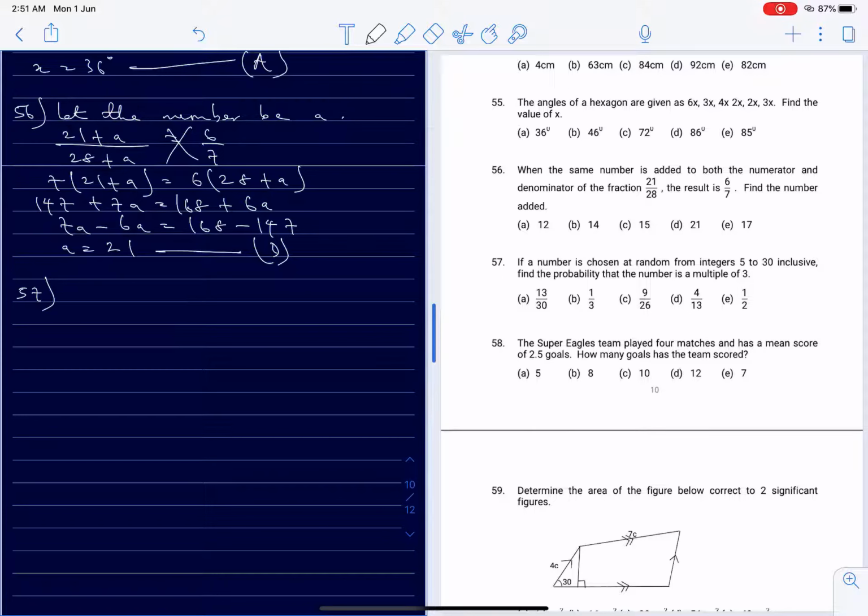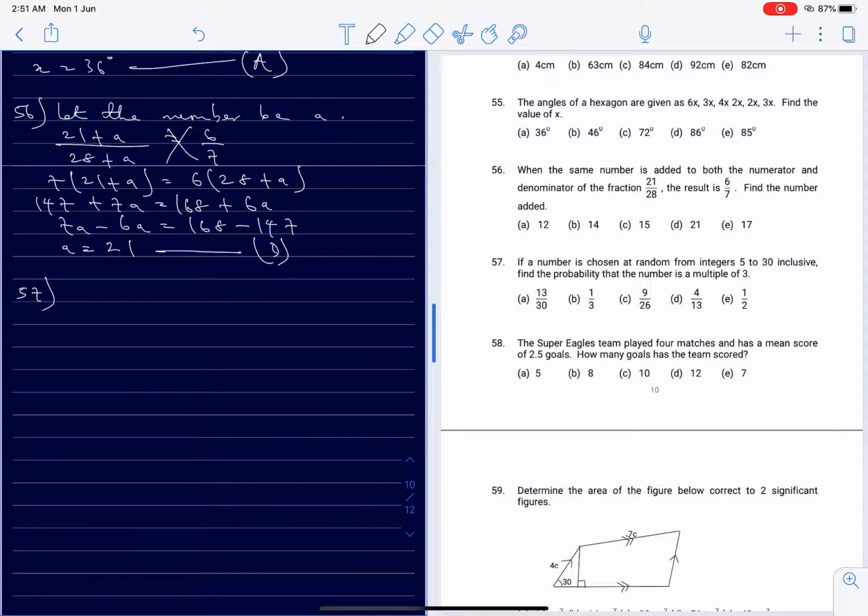That's 25. No? How many numbers are between 30 and 5? That's 26 actually. Yes.